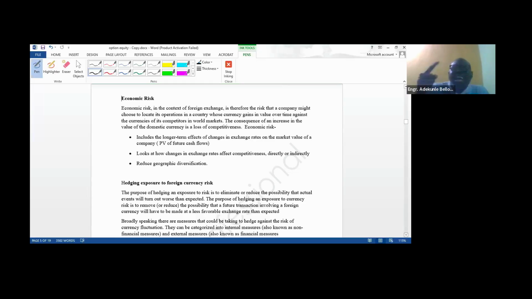This risk can also affect remittances from foreign subsidiaries to the parent company. Multinationals are highly exposed to economic risk.